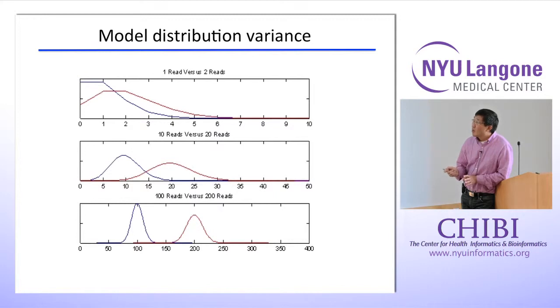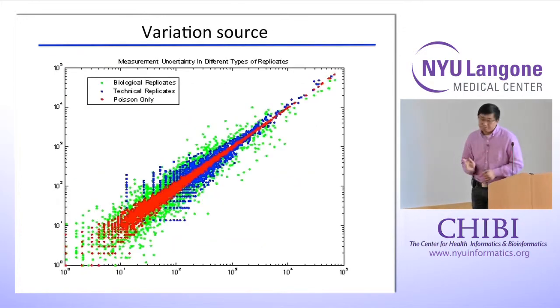You see, when reads are in the low end, you really cannot tell the difference, even though they have 6-fold changes. So that's why we really cannot depend on fold change for selecting the positive genes.